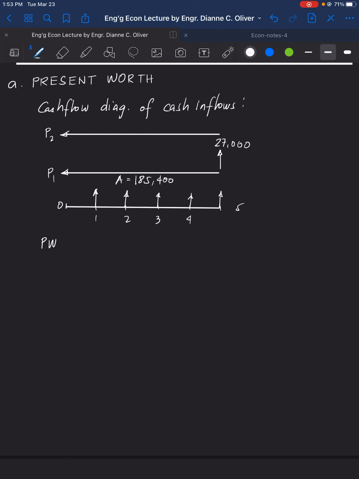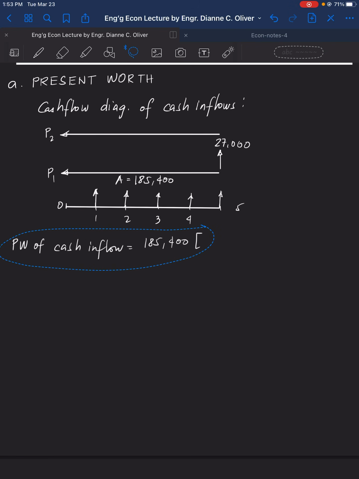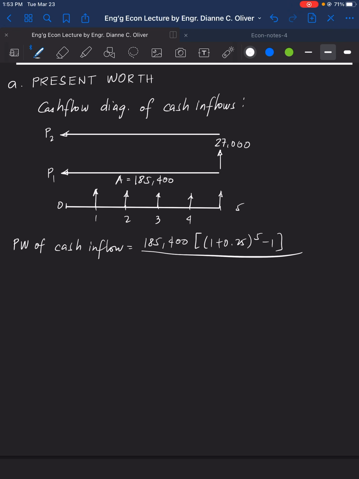So for present worth of cash inflow, P1 is 185,400 times (1 plus 0.25) raised to 5 minus 1, all over 1.25 raised to 5 times 0.25, plus the present worth of the salvage value.